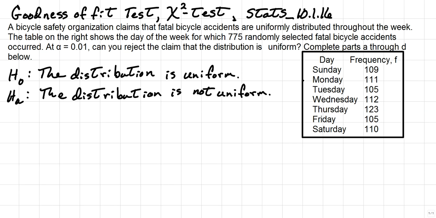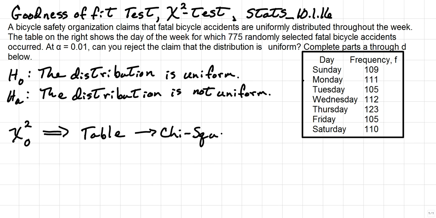So in order to do this, we're going to first determine what our chi-square critical value is, and use that to determine what the rejection region would be. For this we need to use the table, which in our textbook is table 6, the chi-square distribution. Then we need to determine our degrees of freedom.